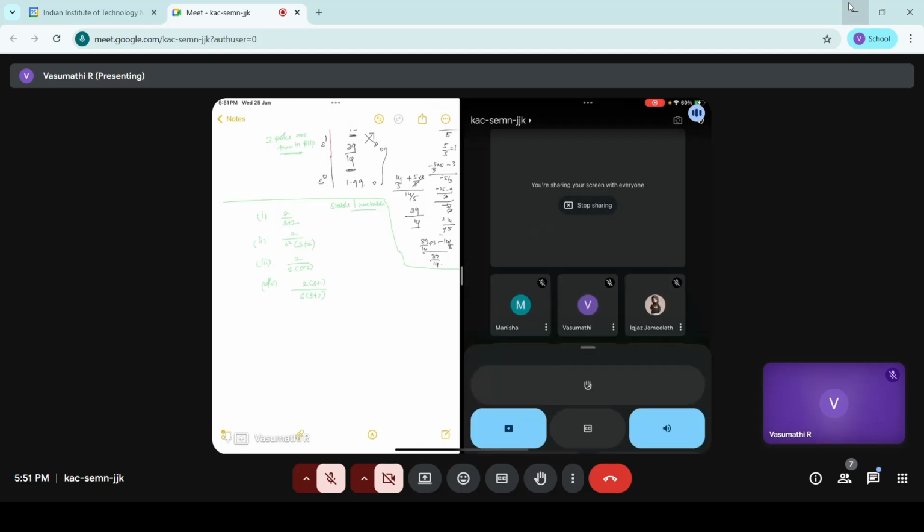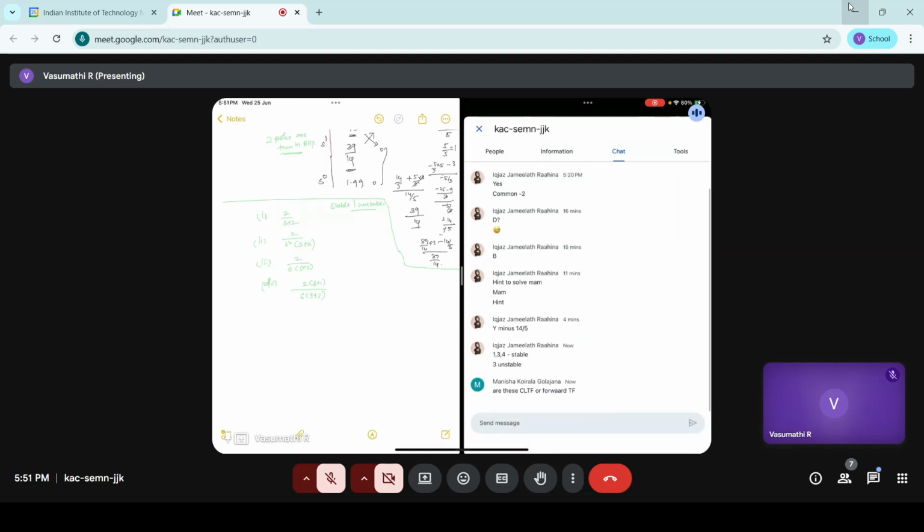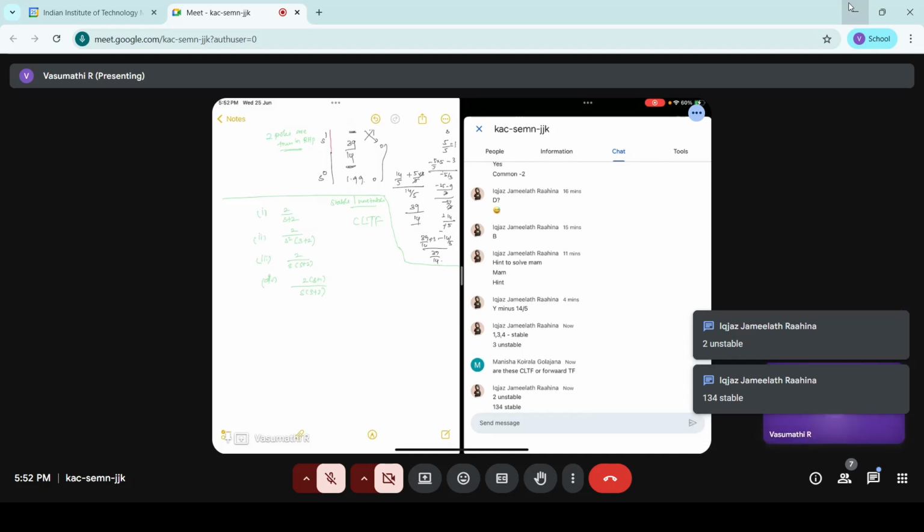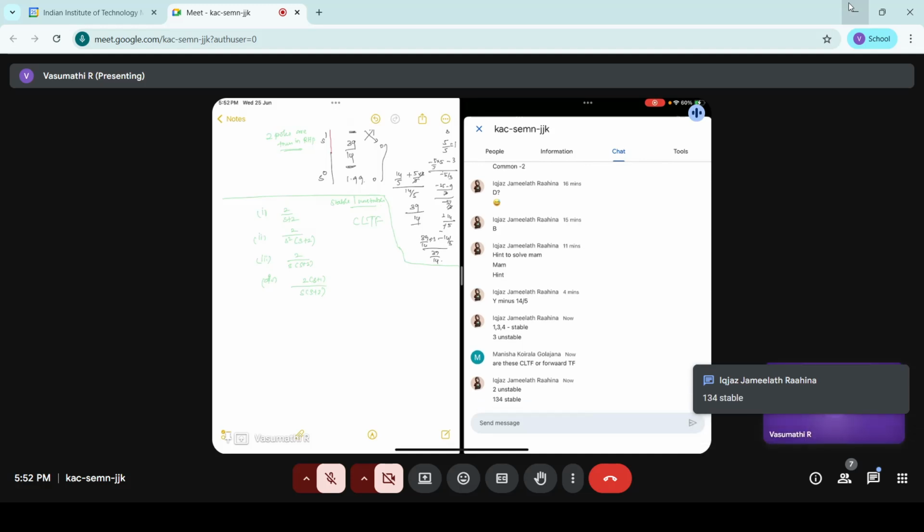Somebody typed something, right? 1, 3, and 4 are stable. 3 is unstable. Yeah, it's closed loop transfer function only. It's closed loop transfer function. 1, 3, 4 stable, Ragina is telling.